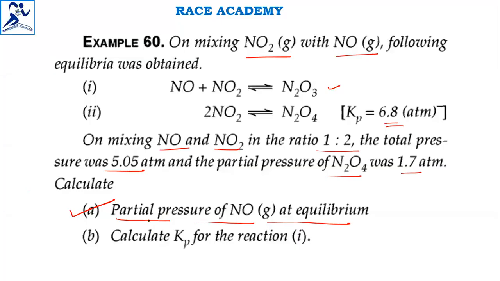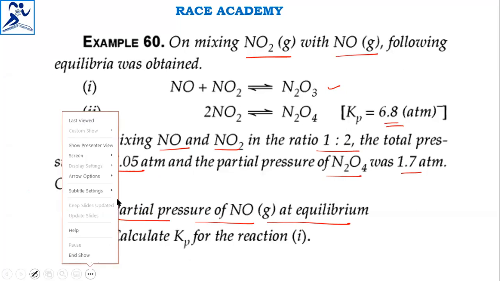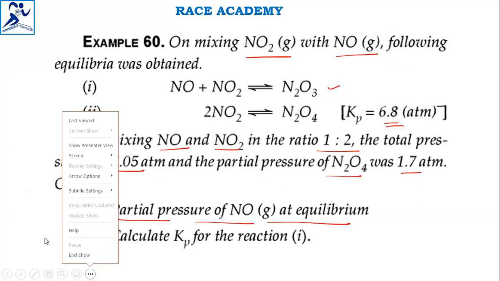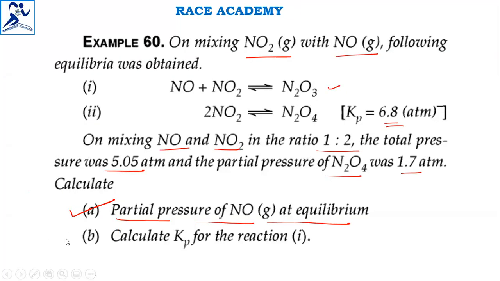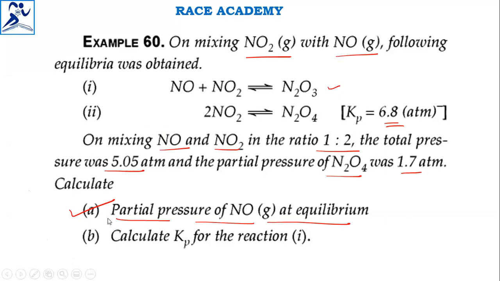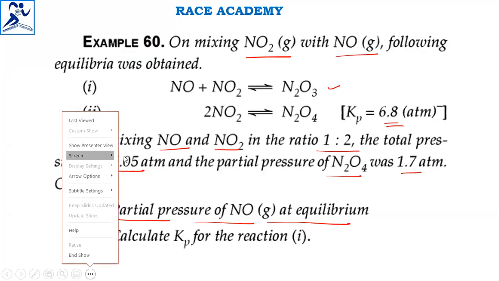So partial pressure of NO2 value we have calculated in that step. Coming to the first information, first equation, we have to find partial pressure of NO at equilibrium.